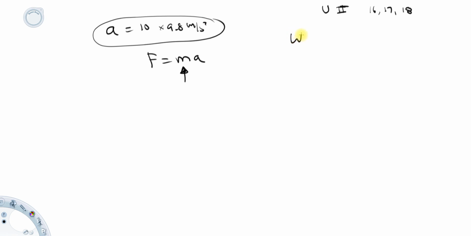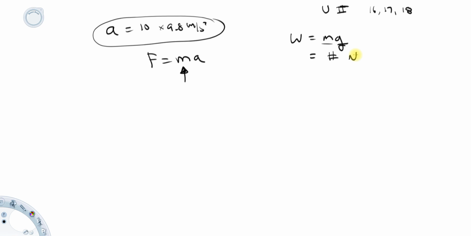So weight, right, is equal to mg. So you're going to take the mass that you're given. In the example I'm given, this is 62 kilograms. Yours might be different. Times 9.8 meter per second squared, and you're going to get a number, and that's going to come out now in newtons.